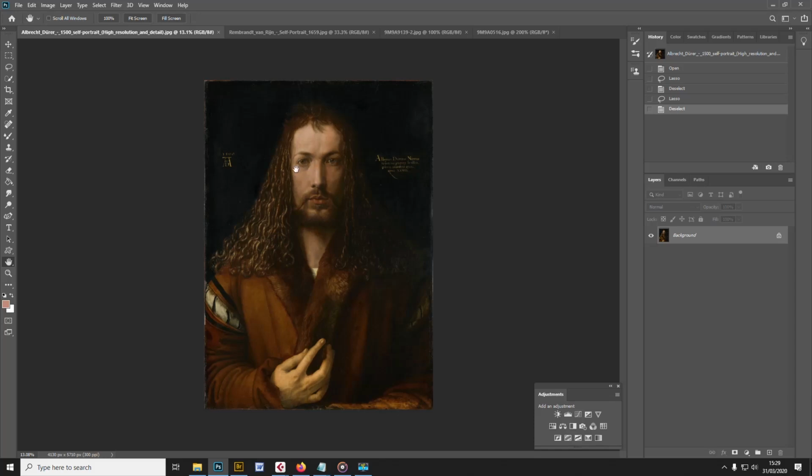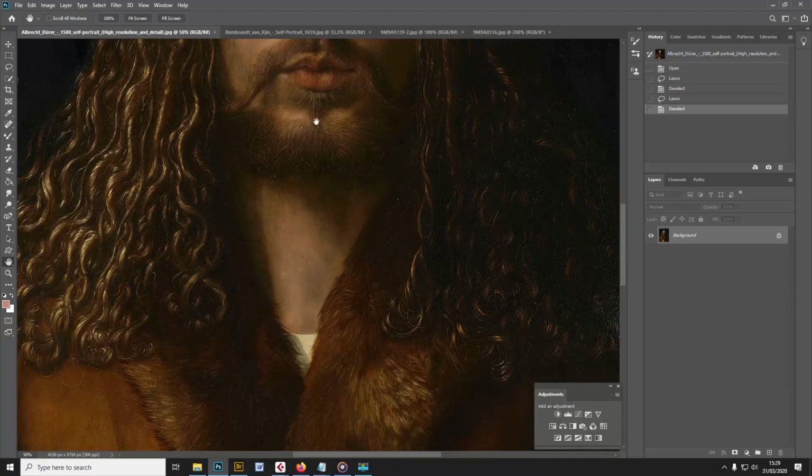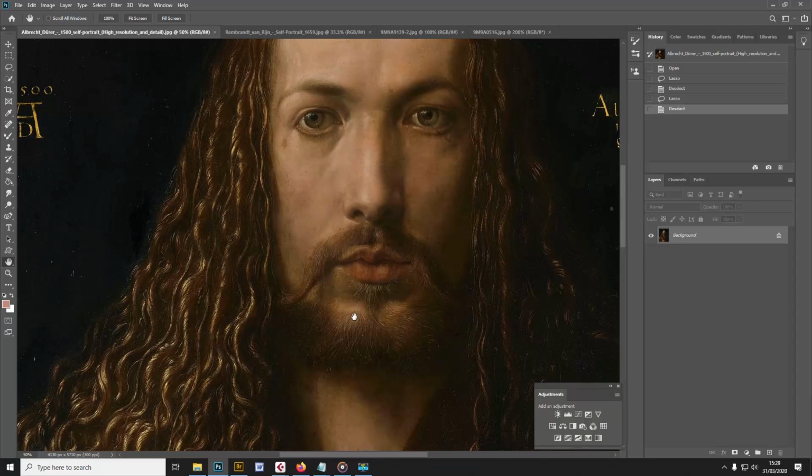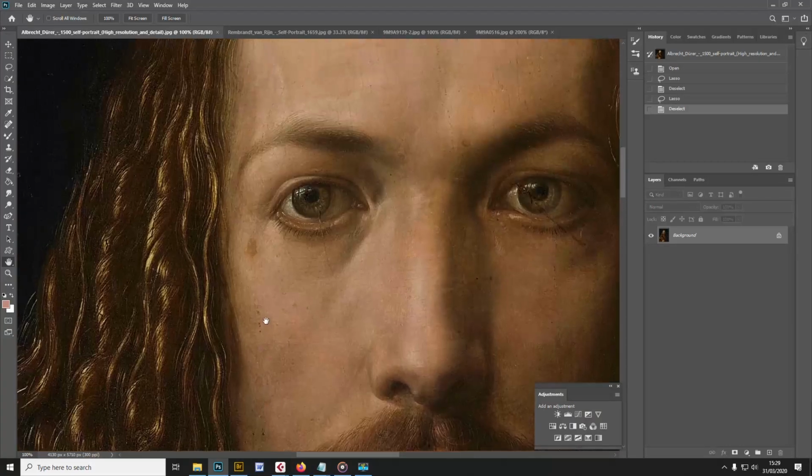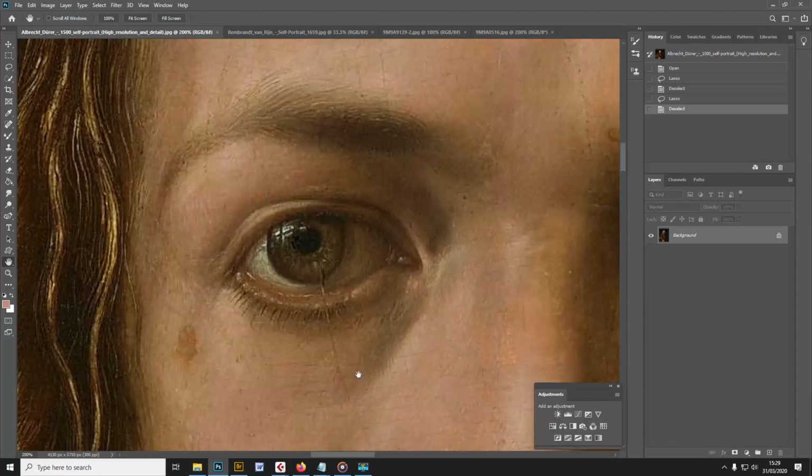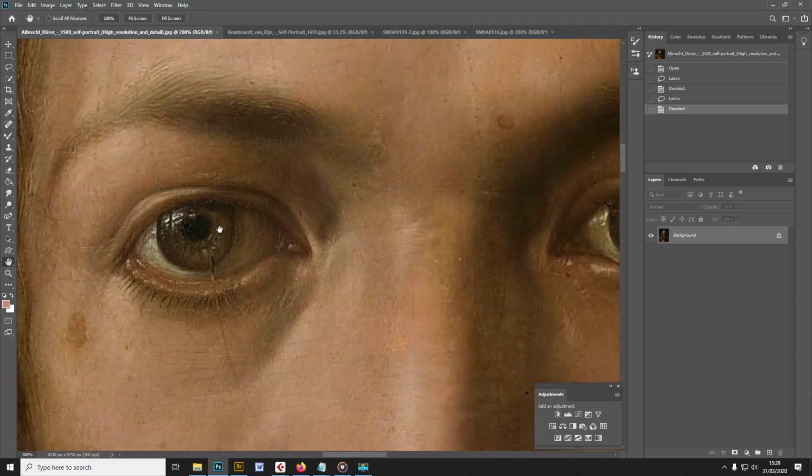You would most probably have the same impression we're getting here, which is, yes, there is a catchlight, but no way would you be able to appreciate the incredible detail that he's applied to it.